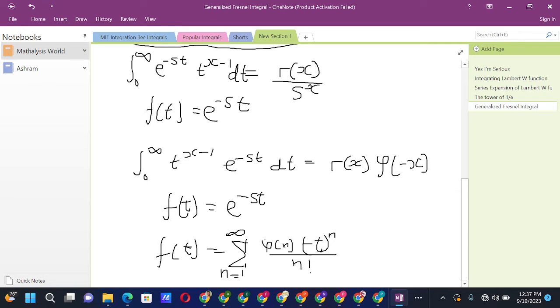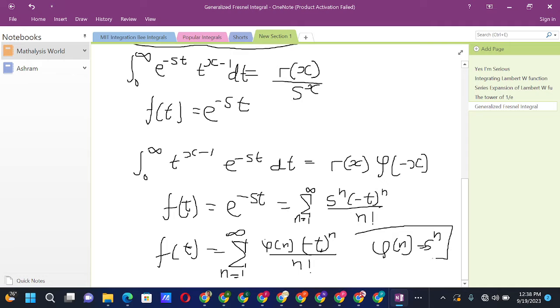The actual expansion of e to the power minus st is the summation from n equals 0 to infinity of s to the power n times minus t to the power n by n factorial. So by comparing the actual series with the series that we need to have, we can see that phi of n is actually s to the power n.